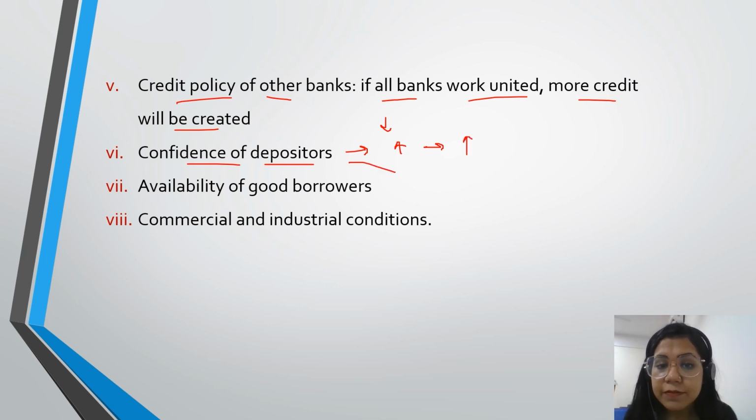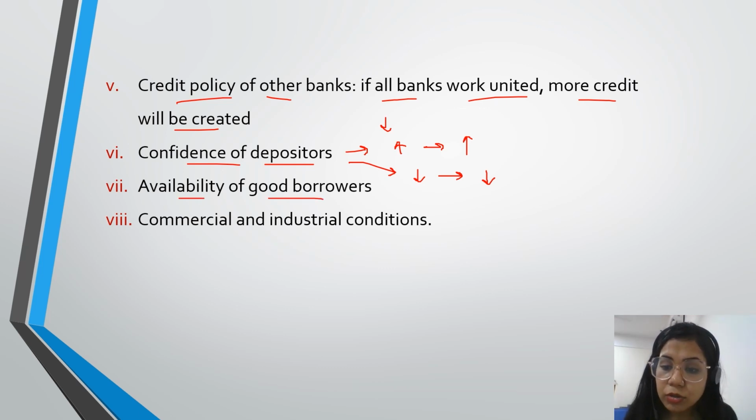But if the depositors have no confidence in their banks, or if there is a situation of panic, then they will deposit less money or no money with the banks. And when there will be no primary deposits, then automatically there will be no credit creation capacity or less credit creation capacity. Now seventh is the availability of good borrowers.